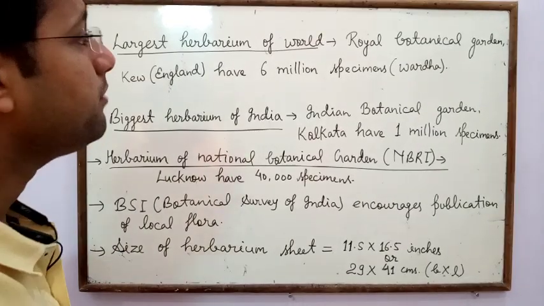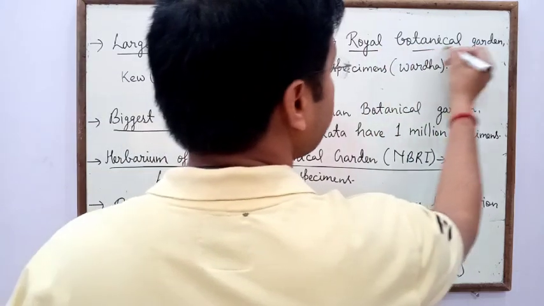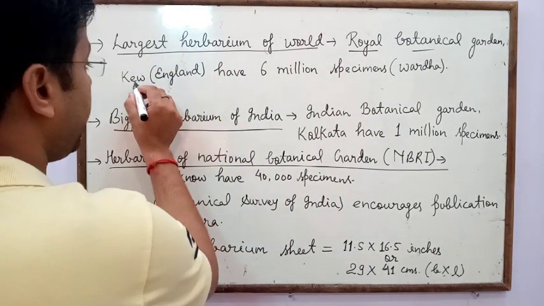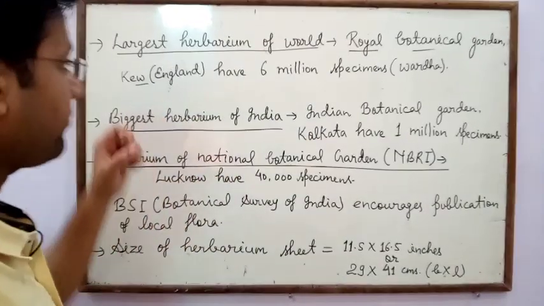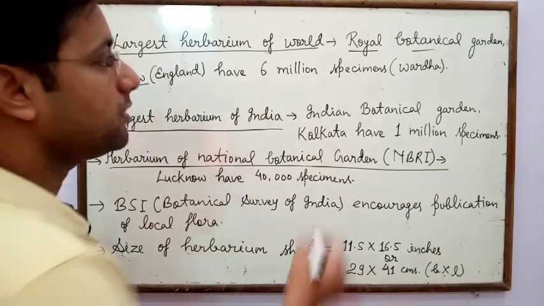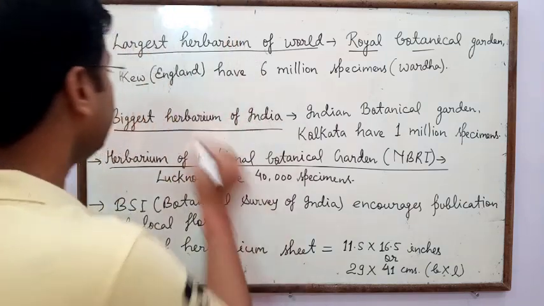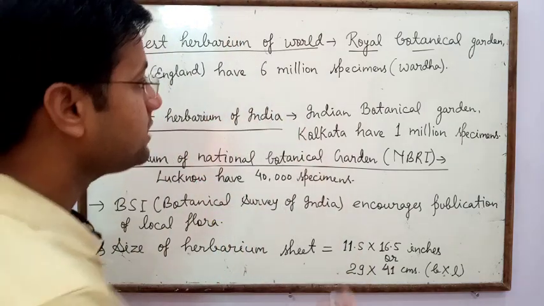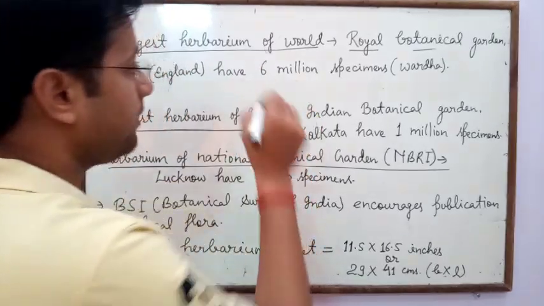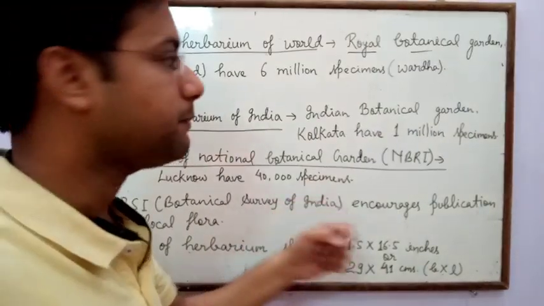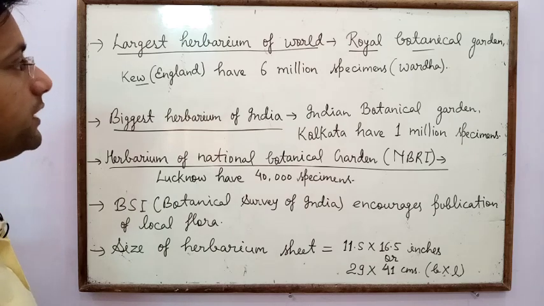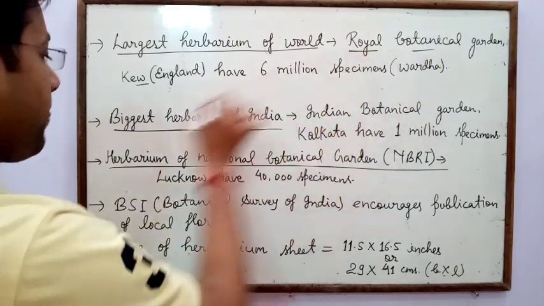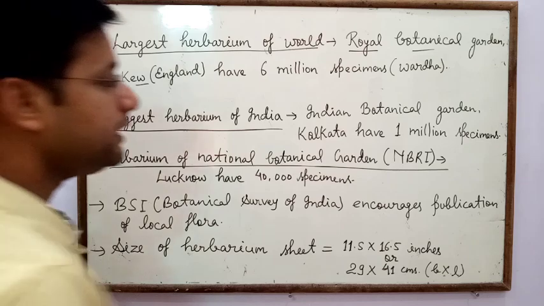The largest herbarium of the world is Royal Botanical Garden, Kew, in England, and they have 6 million specimens.